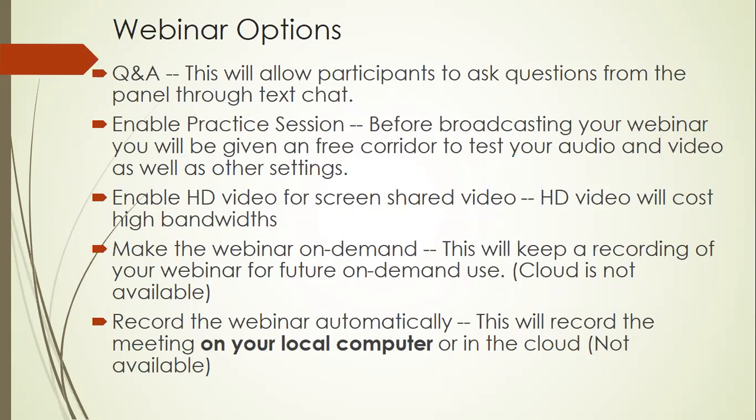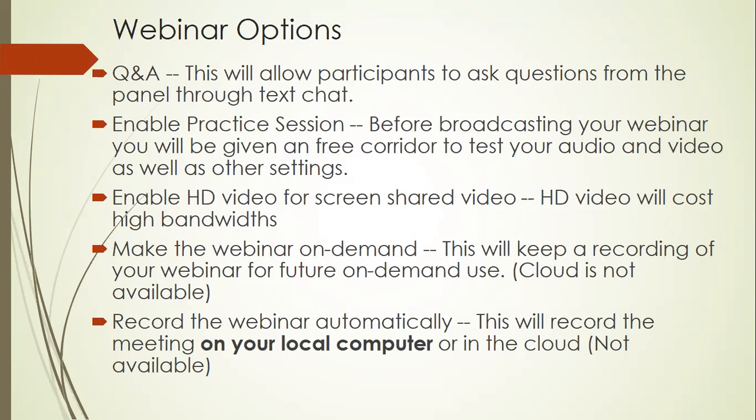The Q&A option is the main option we provide for attendees to post their questions. Each question will display under the Q&A section, and either the panelist or host can answer the questions live, meaning using the microphone or using the chat.